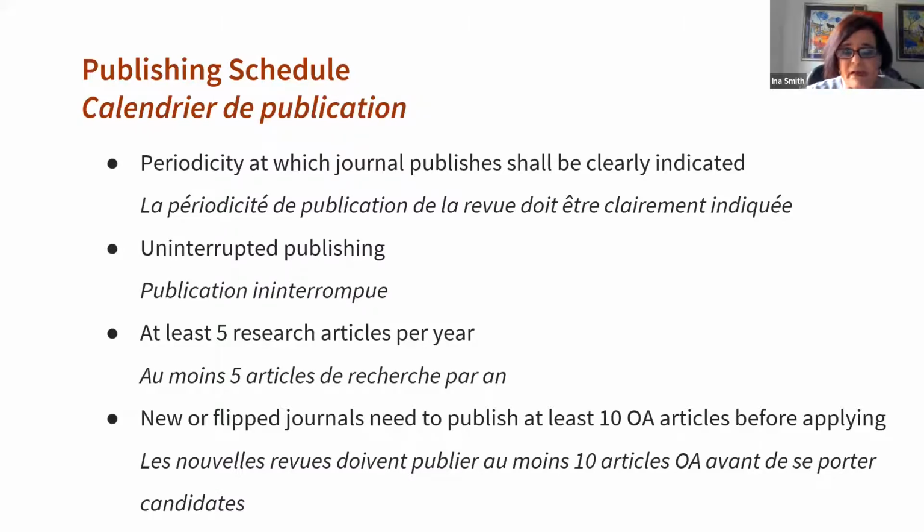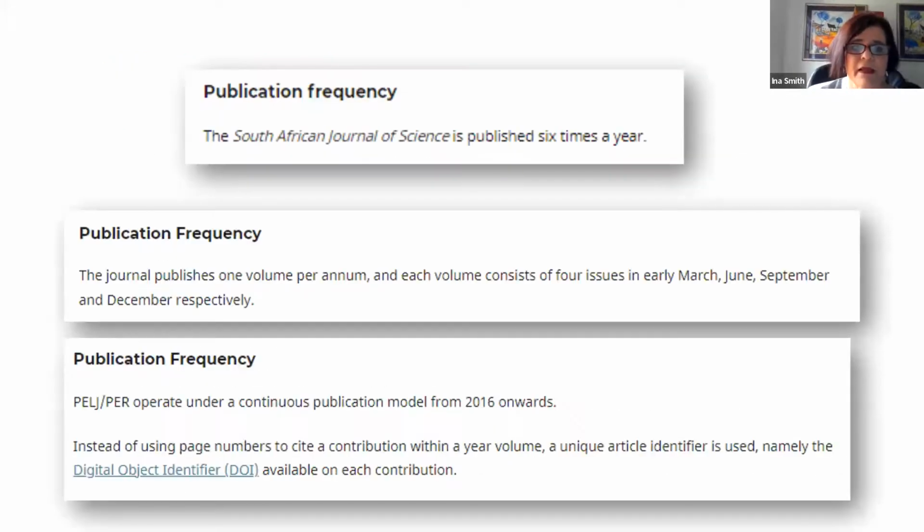It excludes all other forms of material such as book reviews or letters from readers, etc. If your journal flipped from subscription access to open access, then you need to publish at least 10 open access articles before applying, according to the DOAJ criteria.